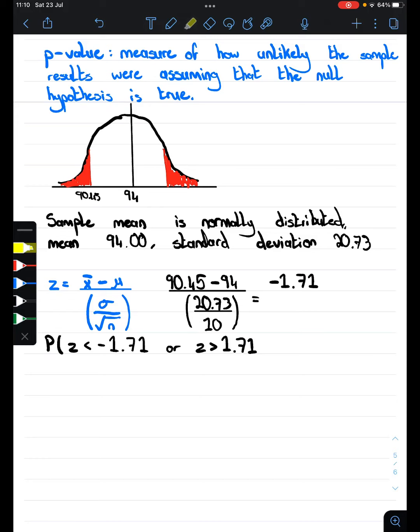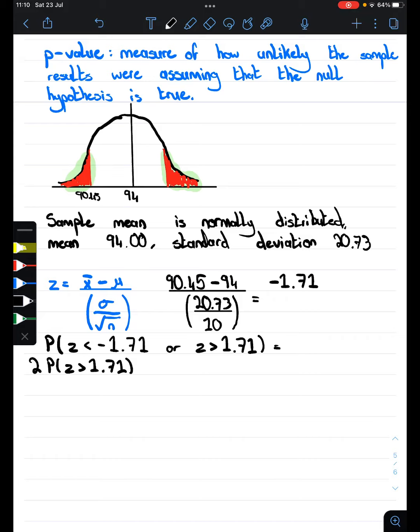So z less than minus 1.71 is this area, and z greater than 1.71 is this area. So we've got to find both areas. And we know that the normal distribution is symmetric, which means the size of those two areas are the same. So we can just calculate the probability that z is greater than 1.71 and then multiply it by 2.